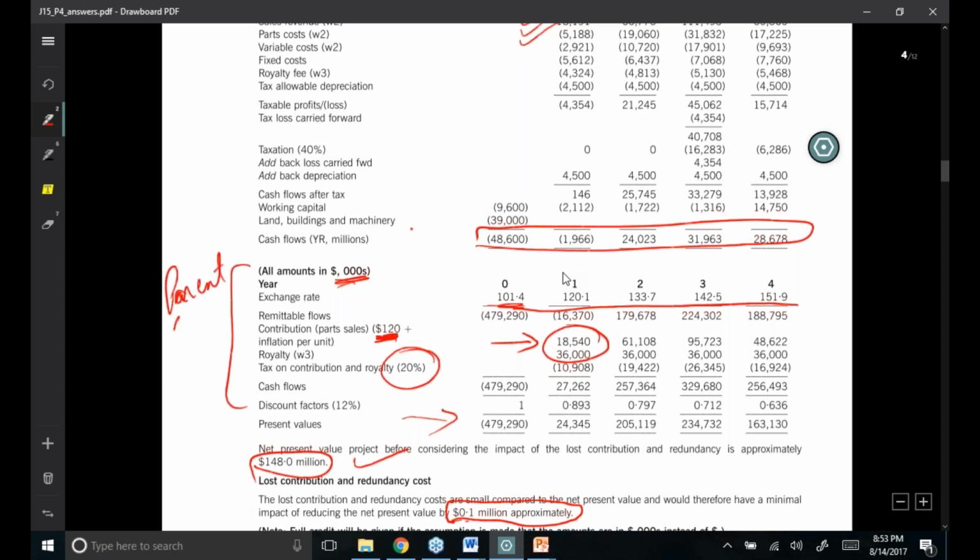Obviously, there is not enough space here, but you must deduct the parent company redundancy cost from the parent company cash flows, and after its deduction, you calculate the cash flows, and then you take the present value.